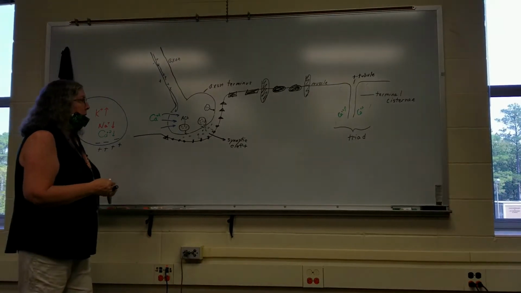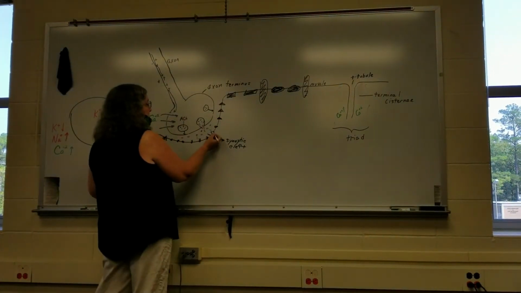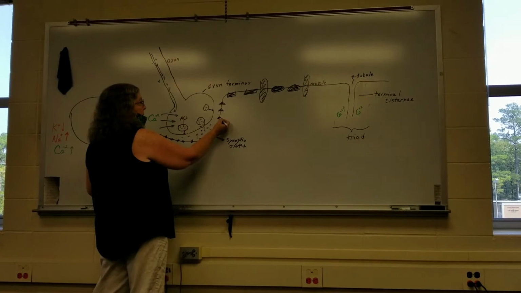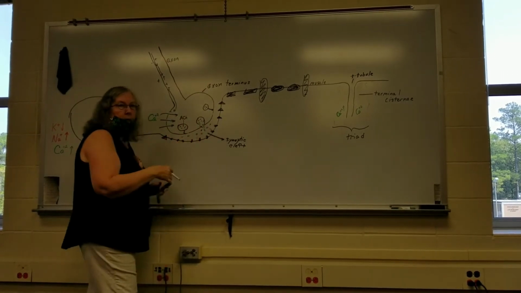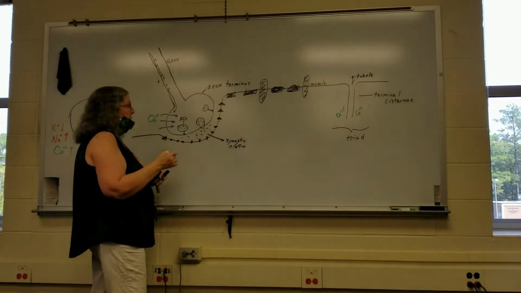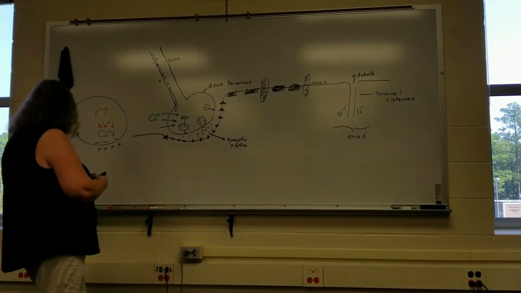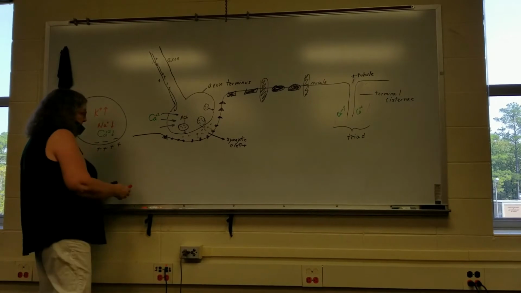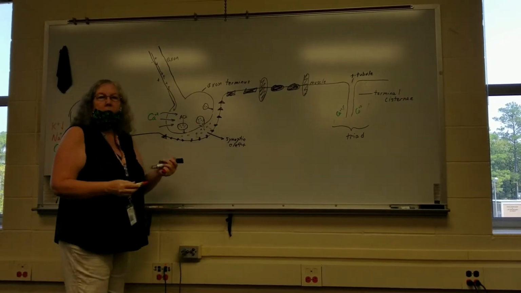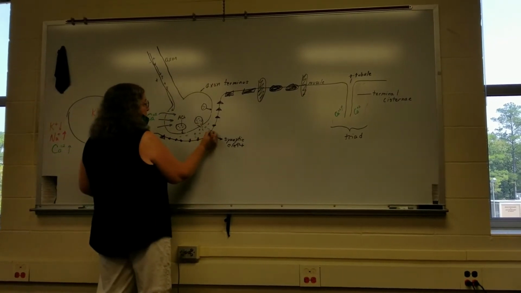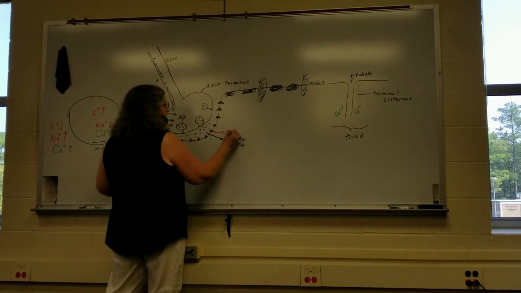Now, is the acetylcholine going to bind to this receptor? No, because that's for something else. So it's just going to bypass it. But it binds to the specific receptors, and what that does is it opens another gate. And in comes sodium.